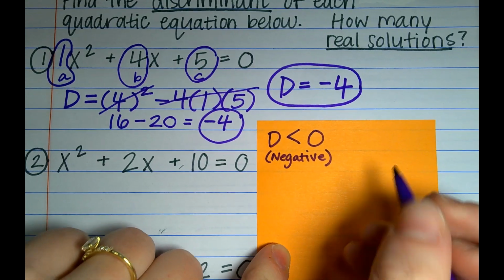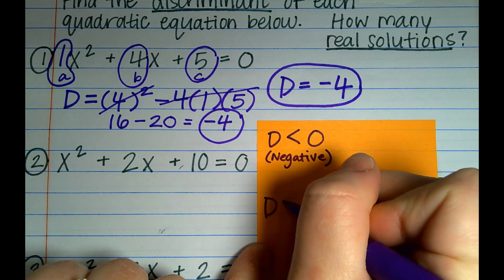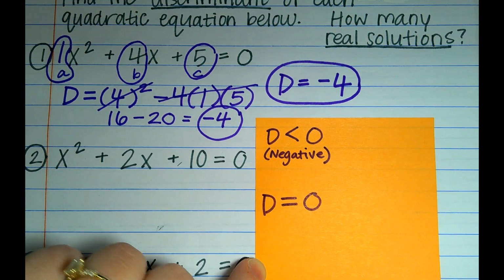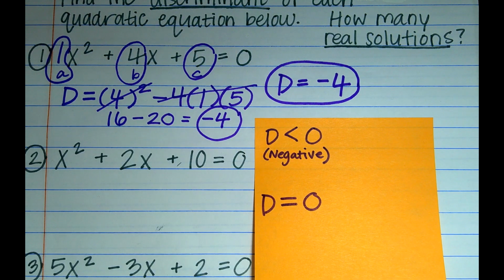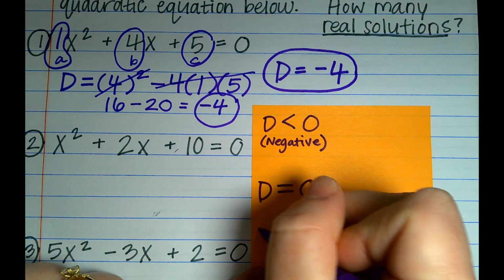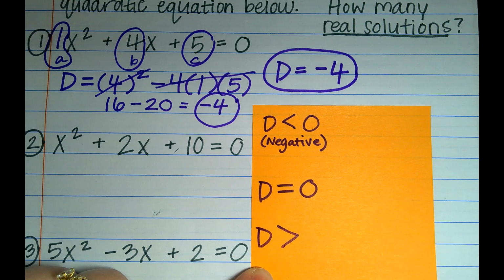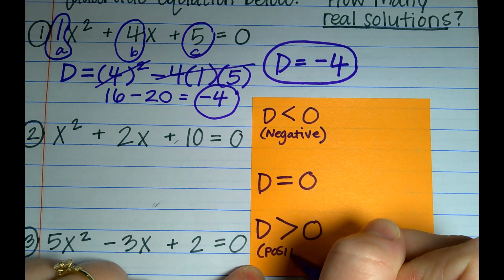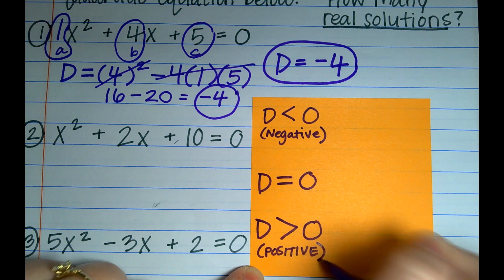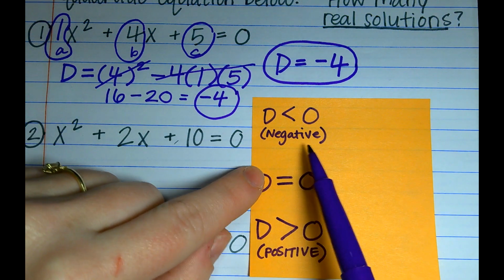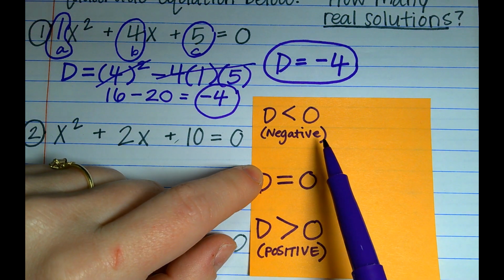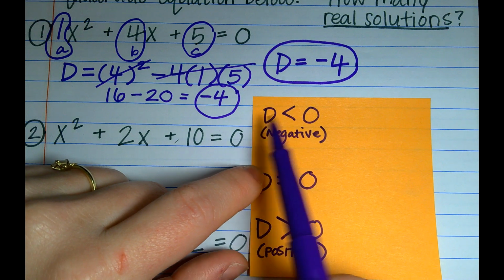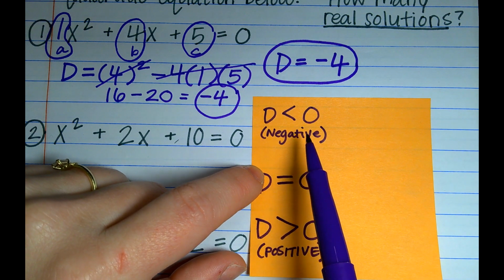You'll get a discriminant that is equal to 0, meaning the number you get is literally 0. Or we'll get a discriminant that is greater than 0, meaning we get a positive answer.